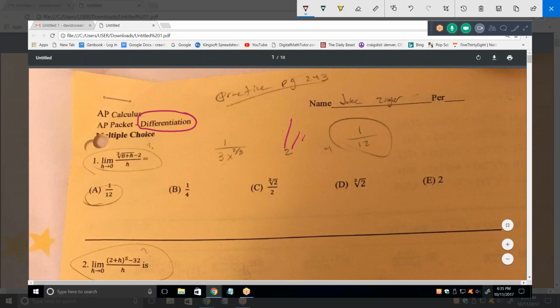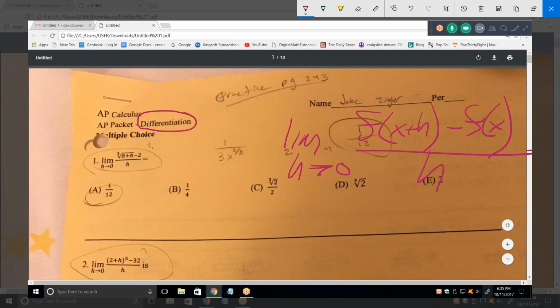It's the limit as h goes to 0 of f of x plus h minus f of x all over h. So this is really what we want to think about, is this definition over here.